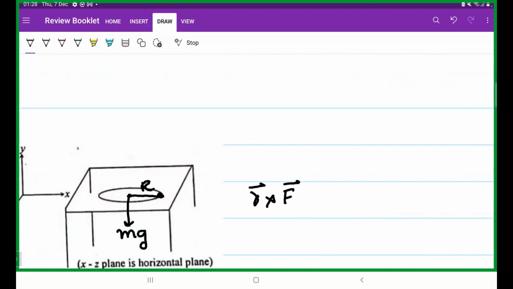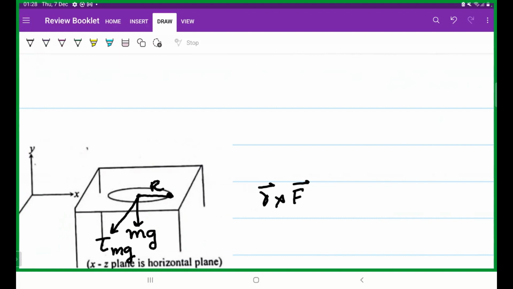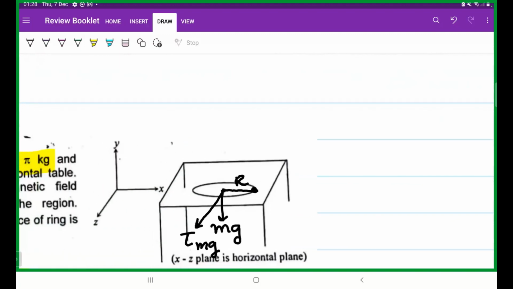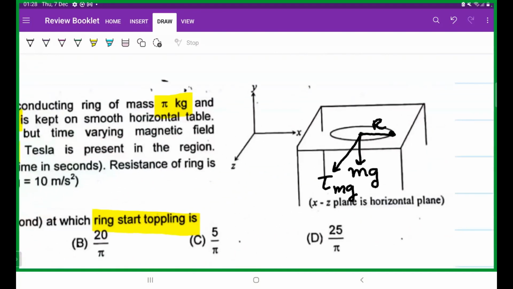Okay, it will be something like this. This will be the direction of torque for gravity. Okay, so yeah, that won't be very relevant here. We will be trying to solve questions very quickly in our exam, right? But it's important to know the basics as well. So this will be the direction of torque for gravity.